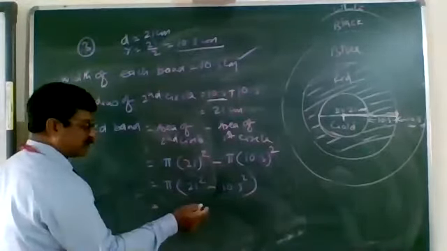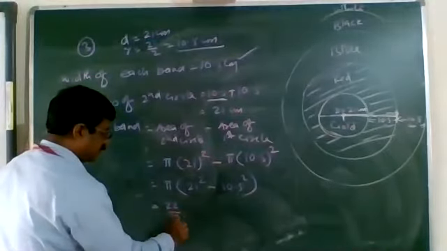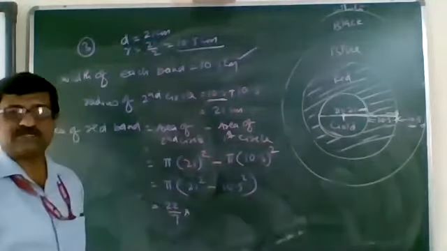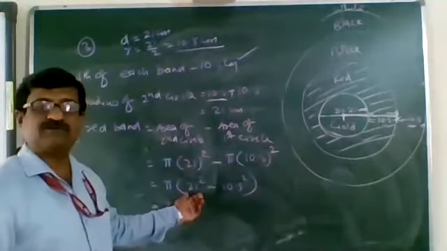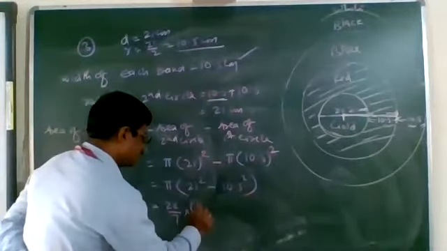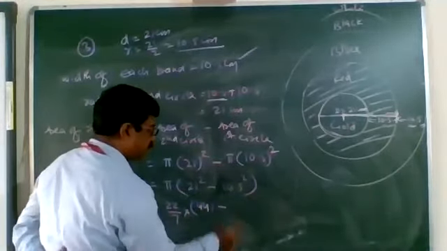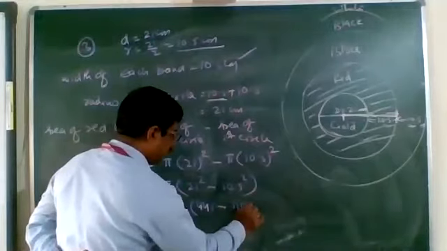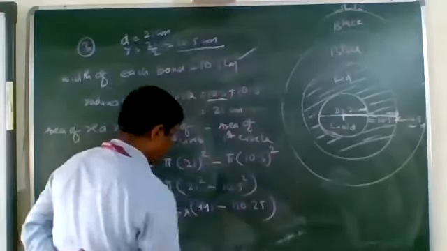You can solve it in different ways. Either you can use the formula a square minus b square, or you can put the value of 21 square as 441 minus 10.5 whole square, which is 110.25.